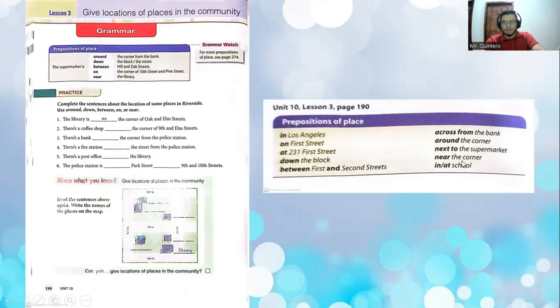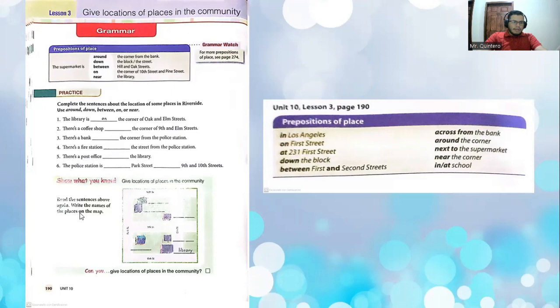At school. What's the difference? In school es cuando estamos hablando que usted está dentro de la escuela. At school is when we are talking in general, cuando estamos hablando en general. In a school, we can specify the place into the school.